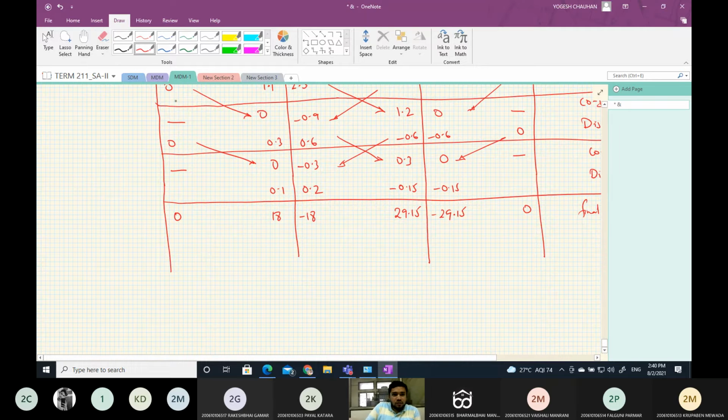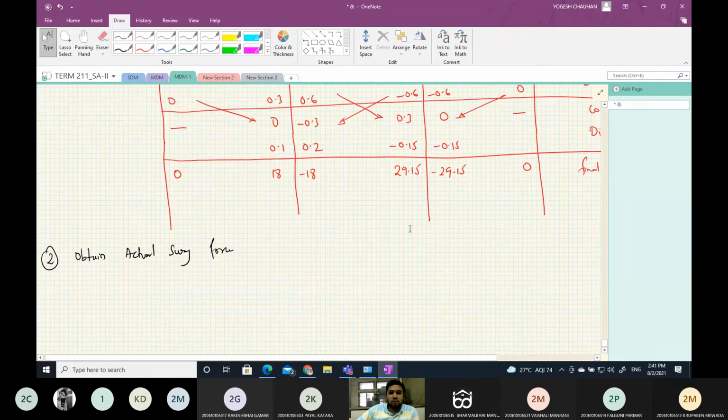Next, the next step is to obtain the actual sway force.